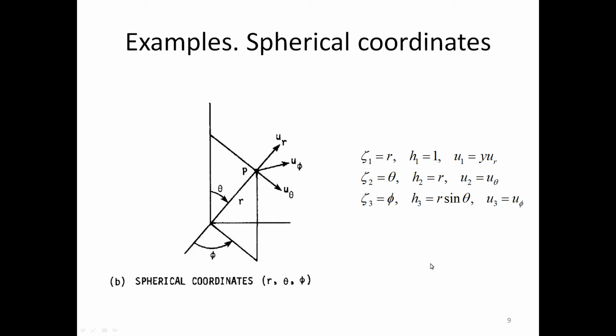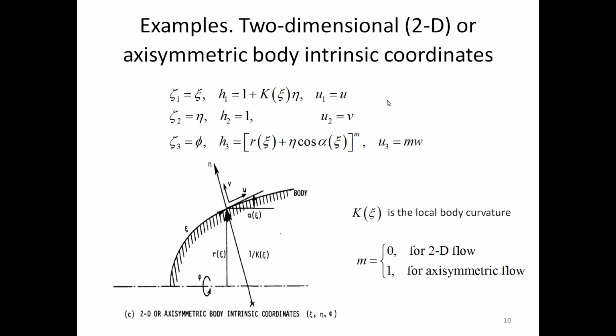Then two-dimensional (2D) or axisymmetric body intrinsic coordinates. For them we have the following expressions. Look at the picture.